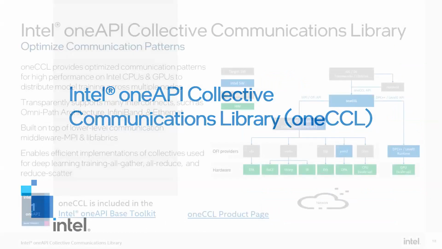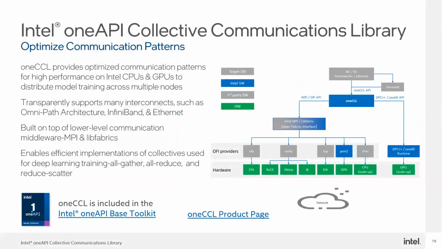This is a communication library that is really oriented towards machine learning and deep learning frameworks. So permitting to take advantage of multi CPU, multi GPU, multi nodes without the bother of going through further parallelization through MPI.